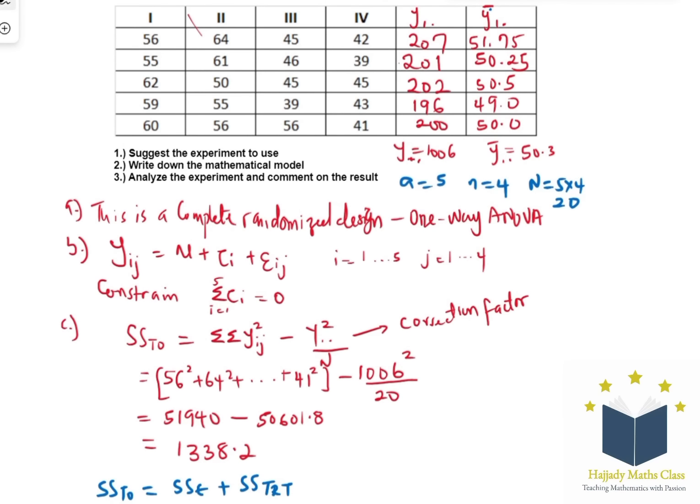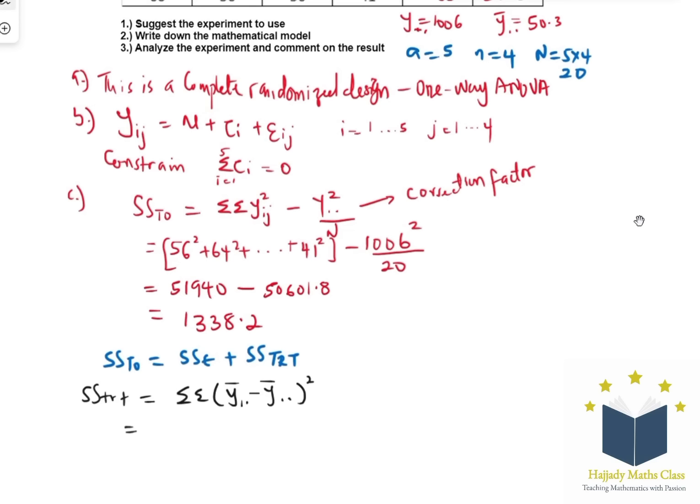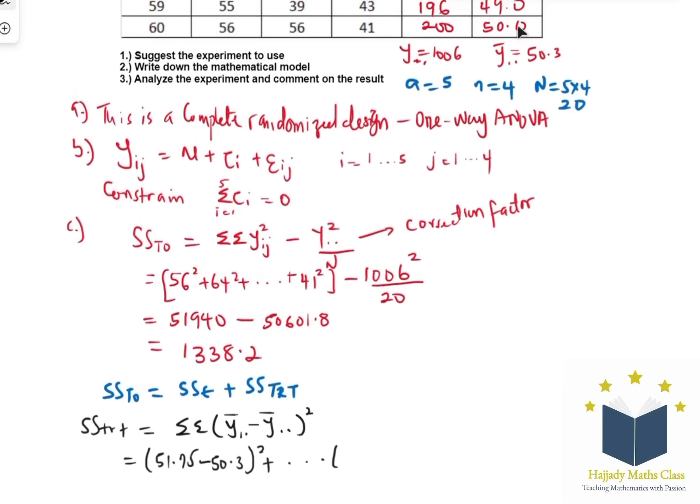Looking at my yi dot bar here, the first one is 51.75. Here I'm having 51.75 minus y dot dot bar squared, which is the grand mean, 50.3 all squared, plus up to the last mean. My last mean here is 50.0.